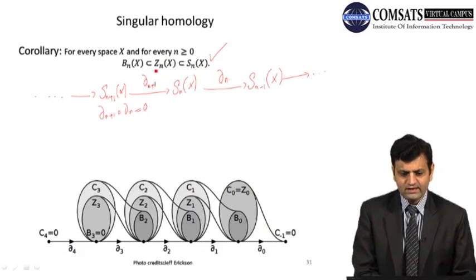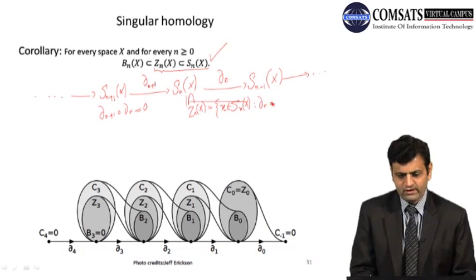So of course Zn lives inside Sn of X, because this is the set of elements of Sn of X which go to 0. So this Zn of X is the set of elements of Sn of X such that partial n is 0. That's why this must be a subset of Sn of X.